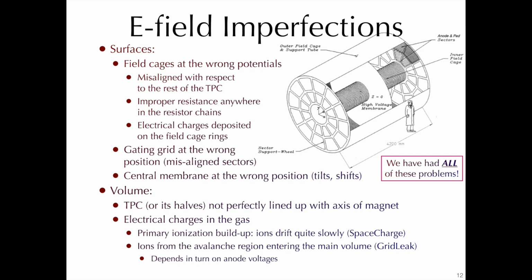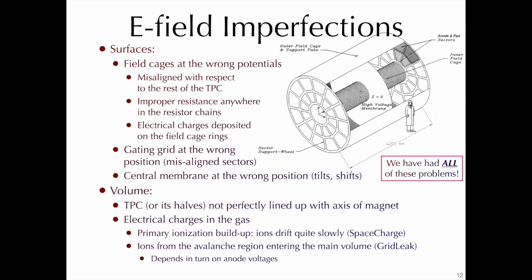We have also had instances where the material that's in the field cage between the rings may have become slightly conductive, in which case, instead of an infinite resistance between one ring and the next inside the TPC, you get a finite resistance, and that lowers the overall resistance between those two rings.